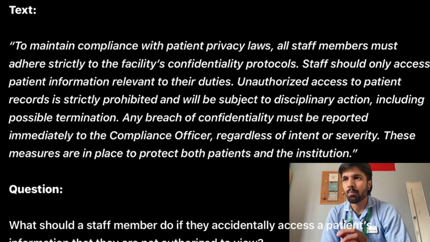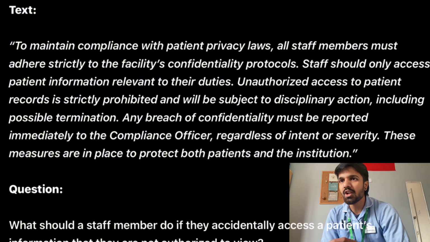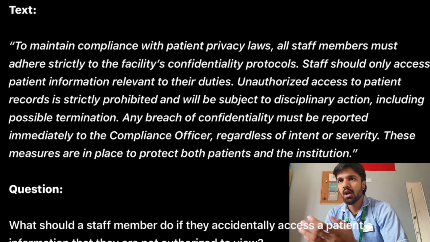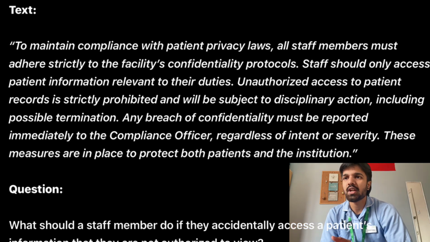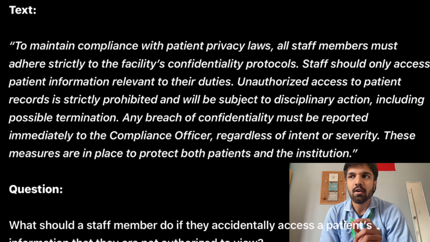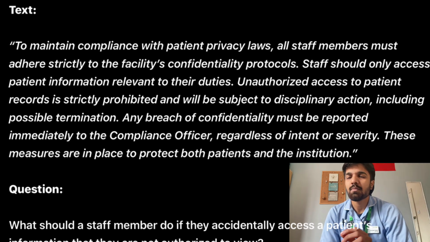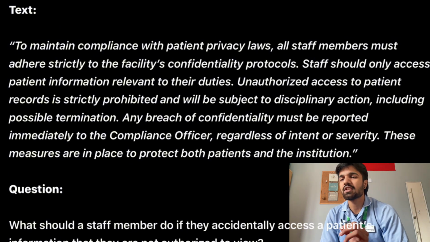Unauthorized access to patient records is strictly prohibited and will be subject to disciplinary action, including possible termination. Any breach of confidentiality must be reported immediately to the compliance officer, regardless of intent or severity. These measures are in place to protect both patients and the institution.